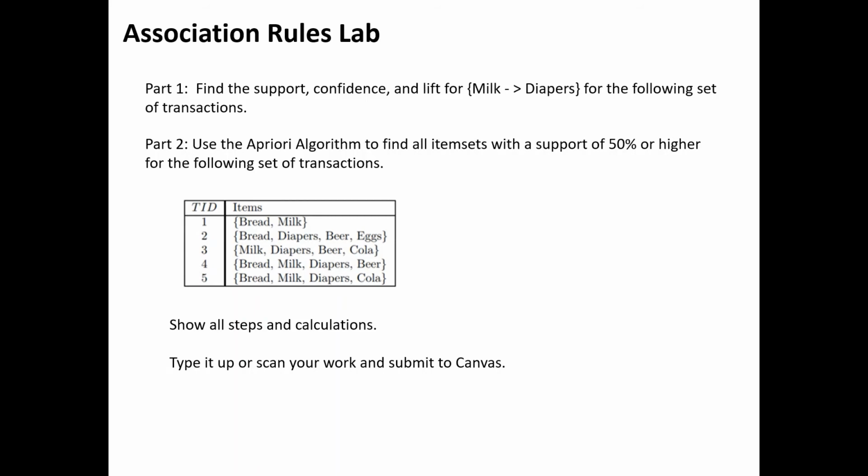You don't have to actually print out the problem itself, but if you would like to write the answers down, just take a blank piece of paper and first of all label it Association Rules Lab, then say part 1 and show me your work, and then part 2, show me your work. Then take a picture of that. So that's another way to do it.